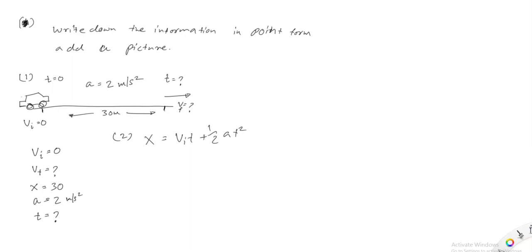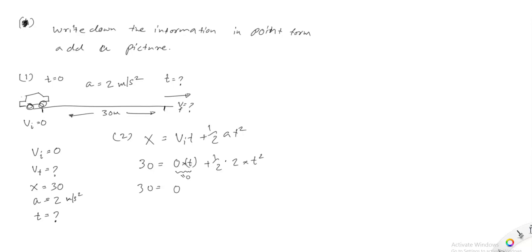So now I'm going to plug in the numbers. Distance 30, initial velocity 0, times time, which I don't know, plus half times acceleration, which is 2, times time squared. 30 equals, this whole thing becomes 0, right? 0 times t, doesn't matter what the time is, you multiply it with 0, it becomes 0.